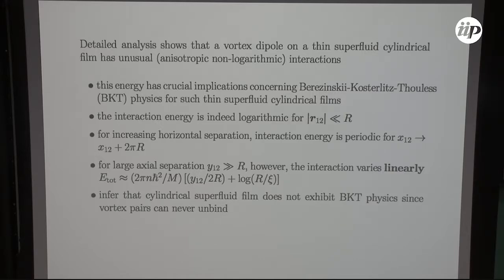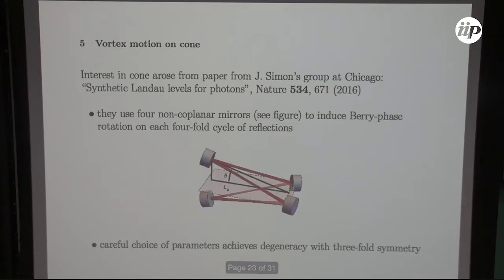But even more interesting, if you separate them in the axis direction along the cylinder, the energy increases linearly with y, and that means the vortex pairs would never break up in the ways they do in BKT physics. So we discovered people had thought about that problem 20 years ago, 30 years ago, but again, they never thought about the dynamical behavior. So now let me turn to a little bit about the cone.